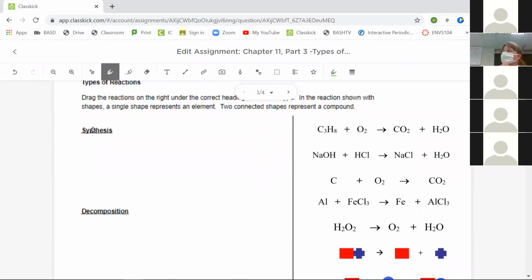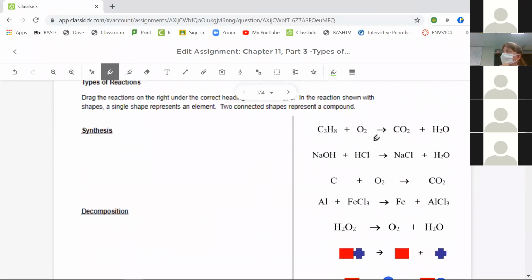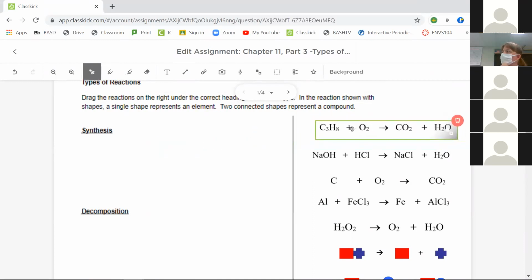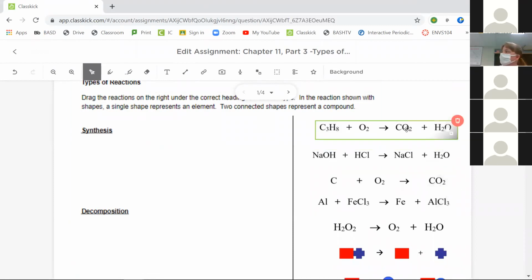On the first page, I have the 5 reaction types listed on the side. And on the right, these are each draggable, so you can move them around. What you need to do is drag each of these under the correct heading based on the reaction type. The first 5 are typed out reactions. One of those will go into each of those spots.